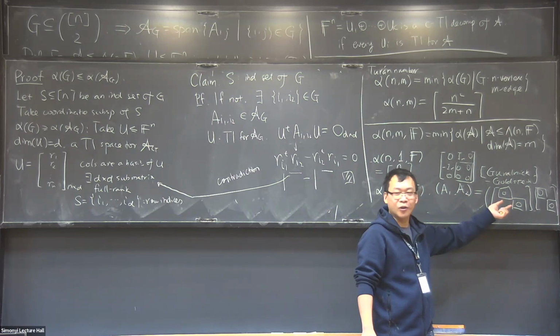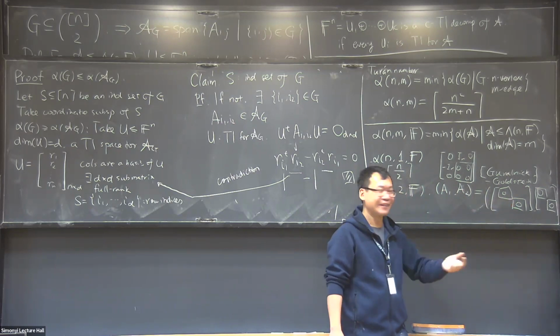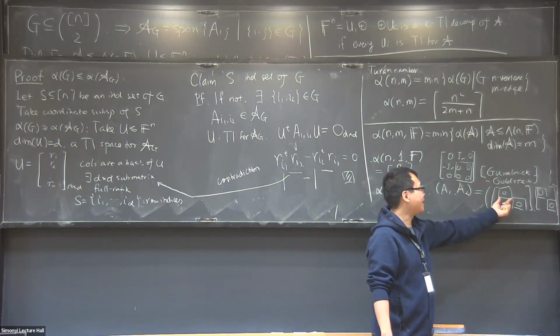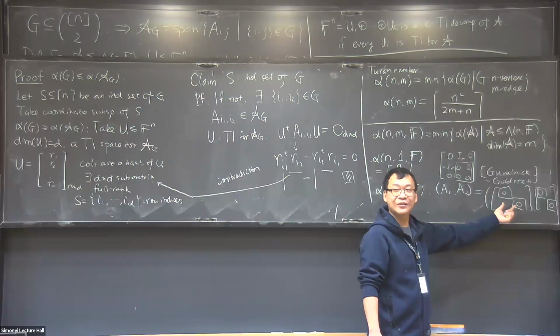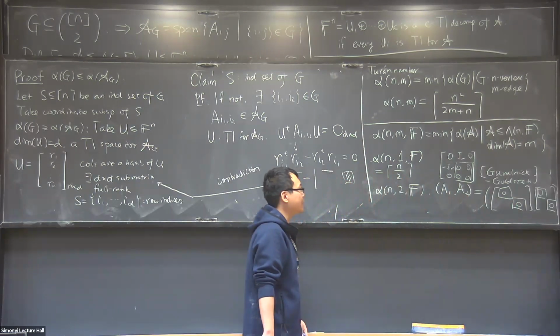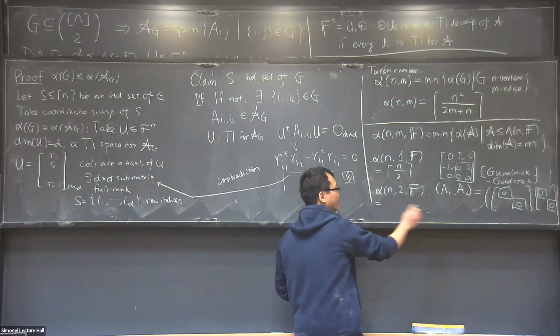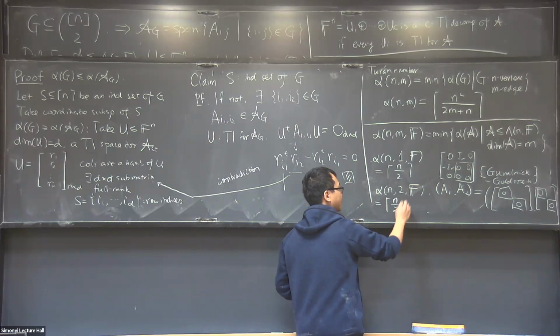This also means that the chromatic number here should be 2, where the chromatic number means the minimum number of such blocks you can use. So the chromatic number is 2 for a pair of skew symmetric matrices. This also means that the independence number is close to n over 2.